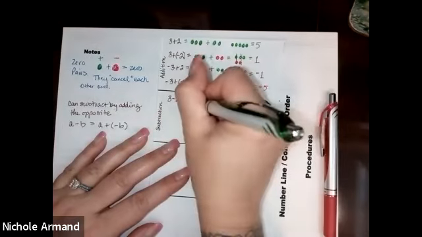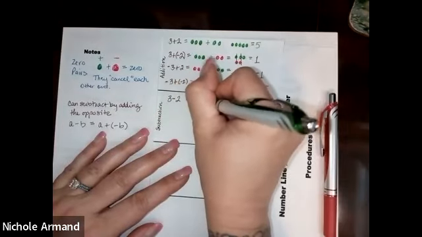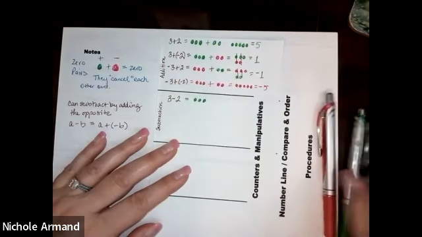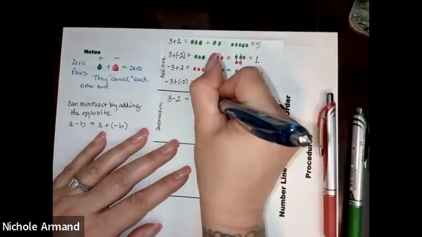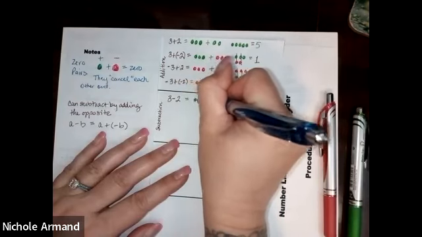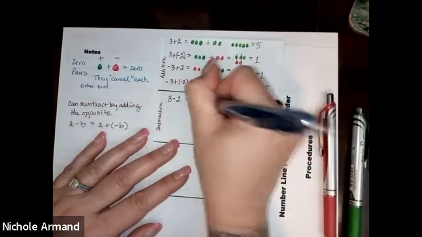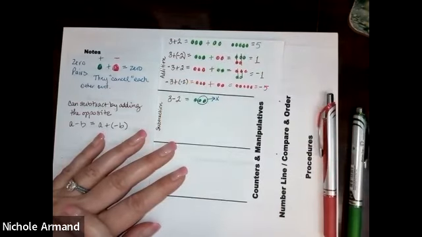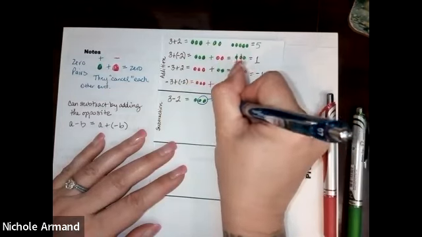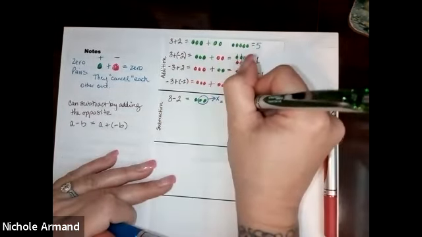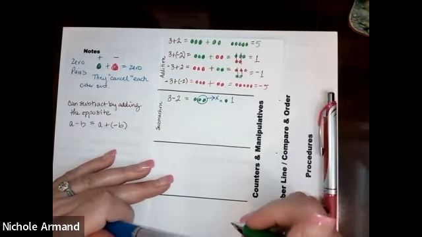So this is going to be 1, 2, 3, and then we are taking away 2. And the way I used to do that was by drawing an arrow and making an X. You can designate it however you would like. And that's going to give us 1 positive chip left.